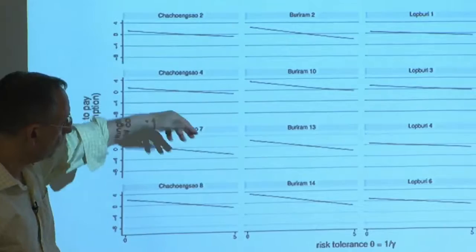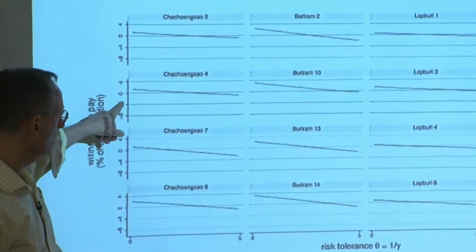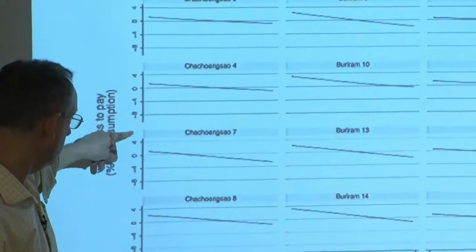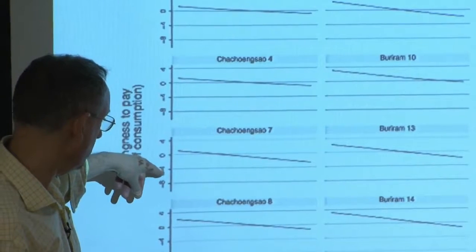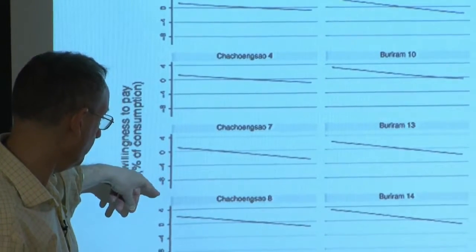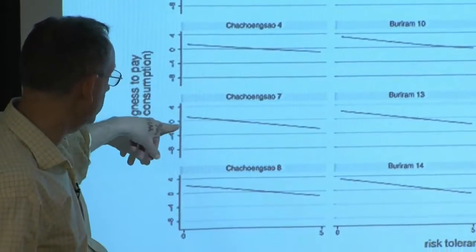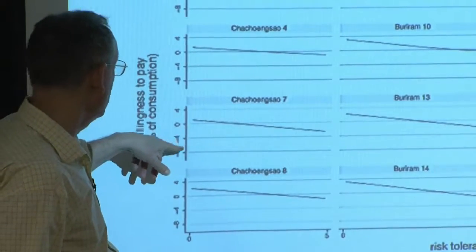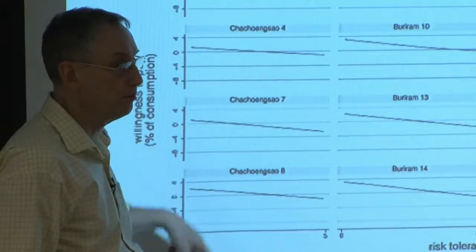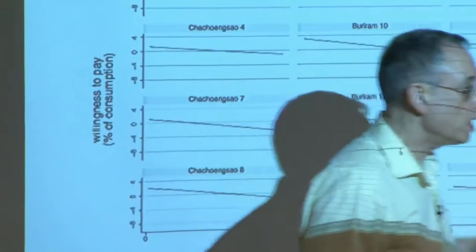And these are downward sloping lines, so basically the higher the risk tolerance, the more likely it is that this K, or this welfare gain, is negative. So it's not trivial.